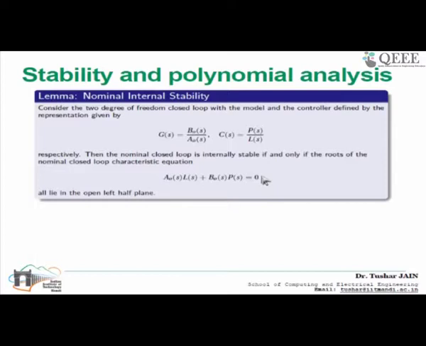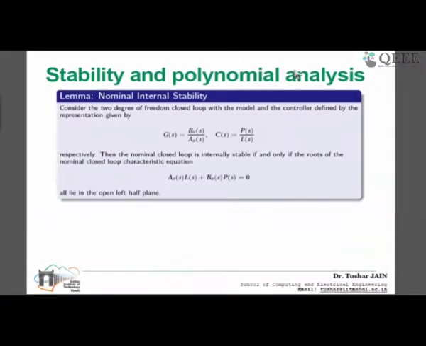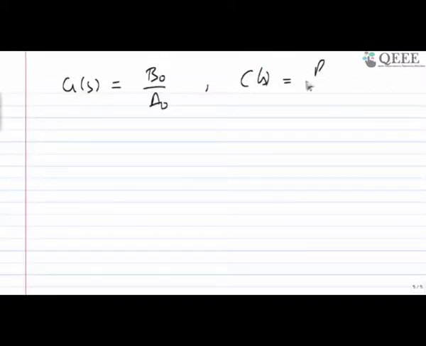And from where do you get this result? Basically, from where do you get this equation? If you see the G of s, which was b naught over a naught, and C of s, which was p over l, we have seen that there was one common thing in all those sensitivity functions, the denominator, which was given by 1 plus G of s C of s.